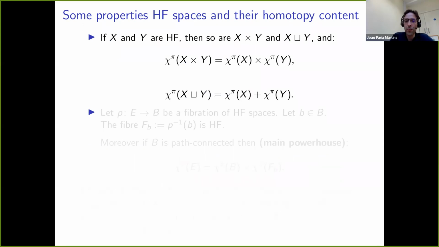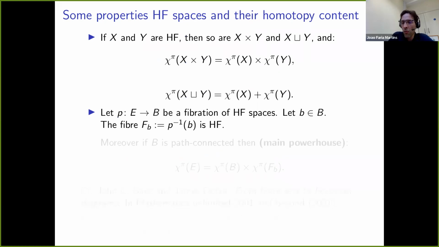That's easy to prove. Slightly harder to prove is the fact that if p from E to B is a fibration of homotopy finite spaces, fibration here meaning Hurewicz, and if you grab an element b of the base, then first of all, the fiber is going to be homotopy finite.